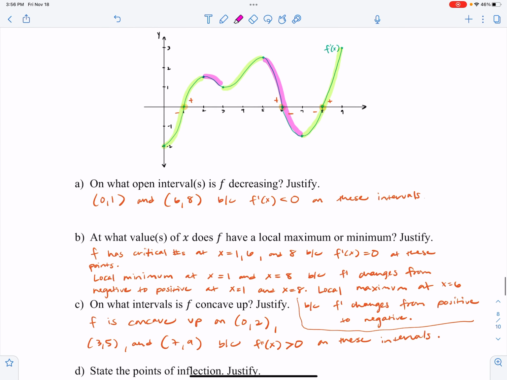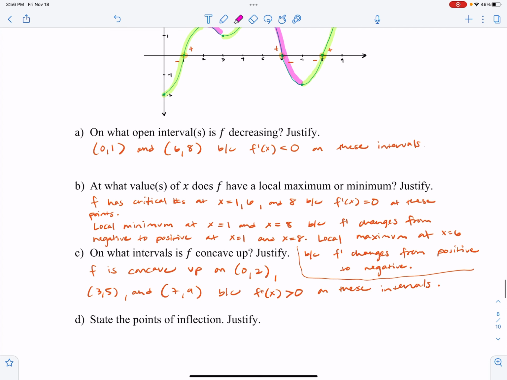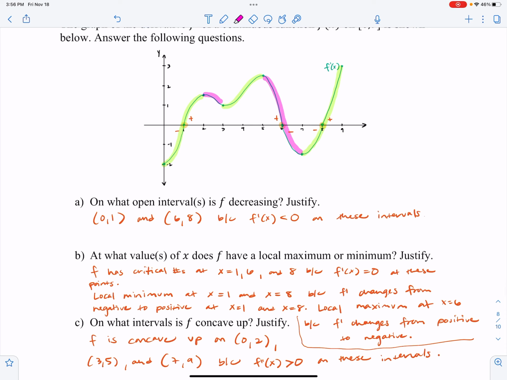So it looks like at 2, 5, and 7, the concavity is going to change. So that's where we would have points of inflection. Notice that those are also the points where f prime would have horizontal tangent lines, right? Meaning that f double prime would be equal to 0, which corresponds to the possible points of inflection.